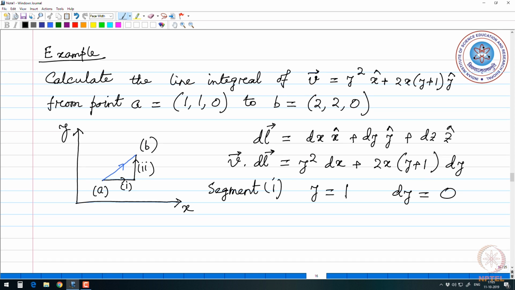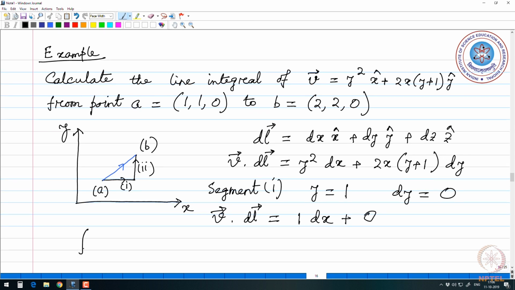So, over the first path, we have v dot dl equals y square dx, y is 1. So, this is 1 dx plus, because dy is 0, the second term becomes 0.